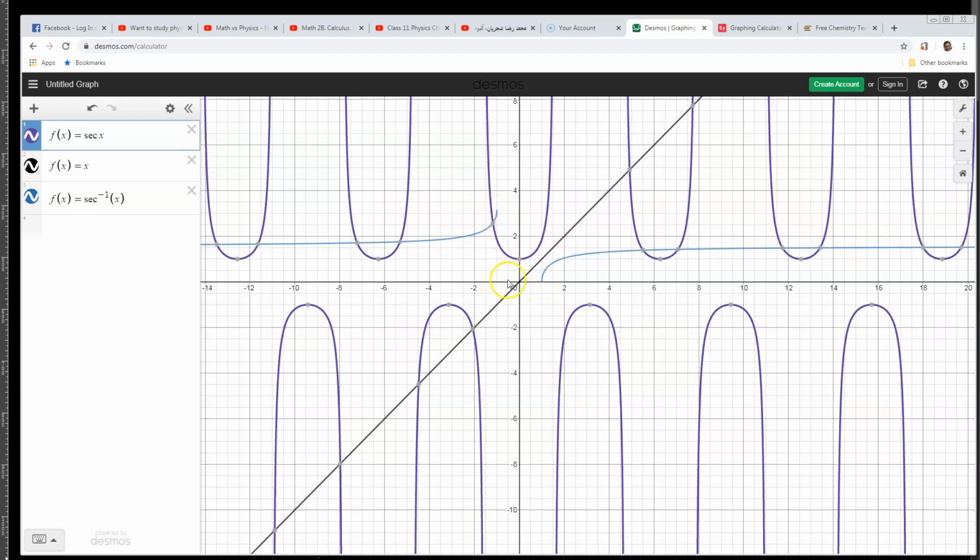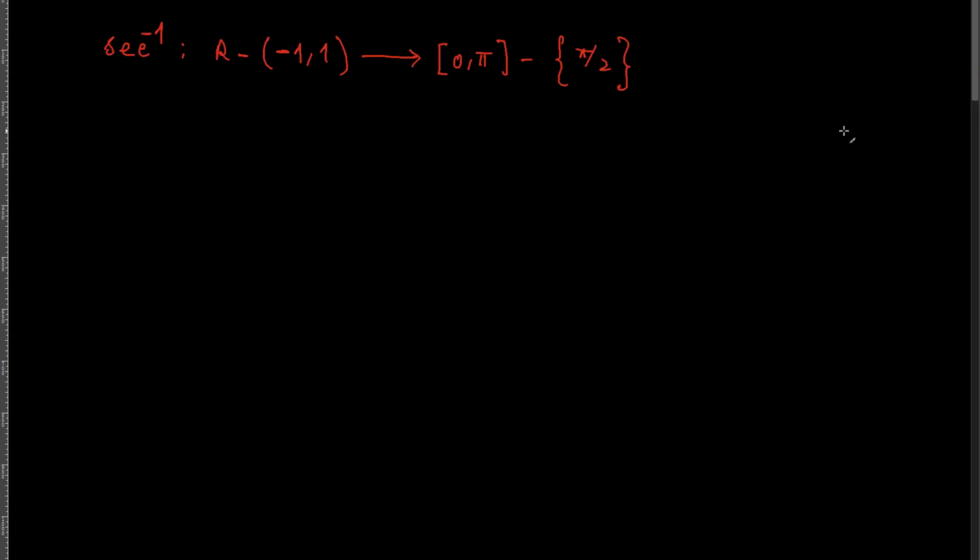All these values between -1 and +1 we had to exclude, and that is why we had to write R minus the open interval -1 to +1.